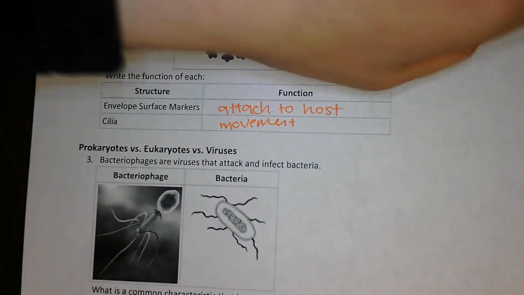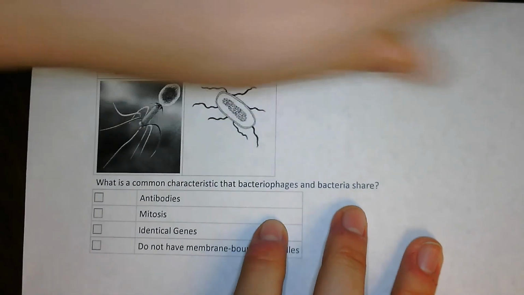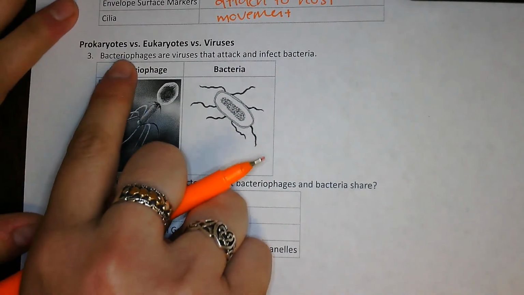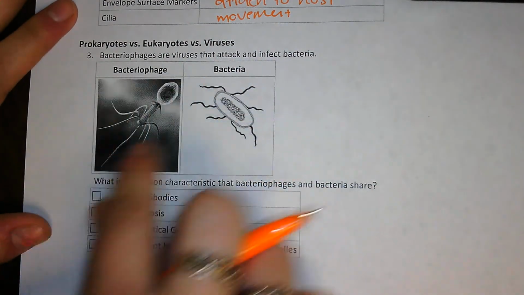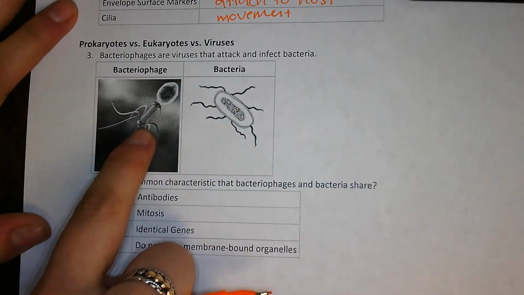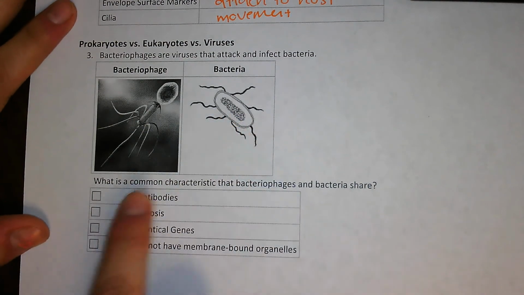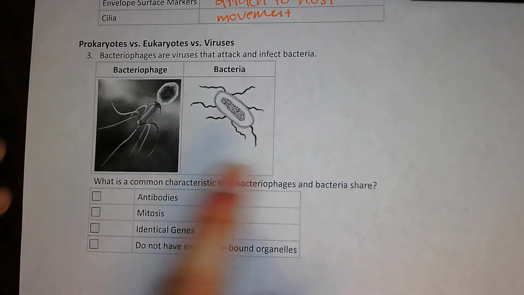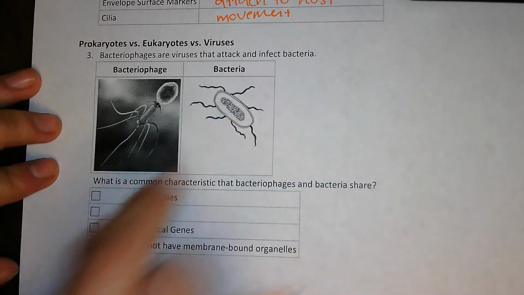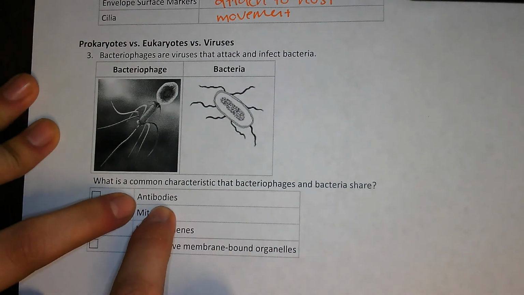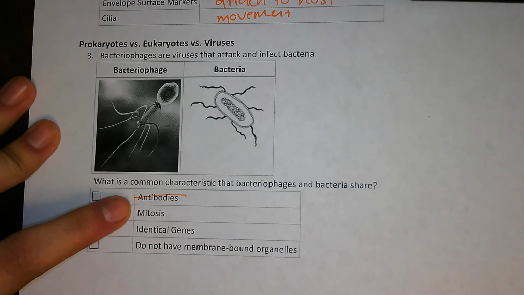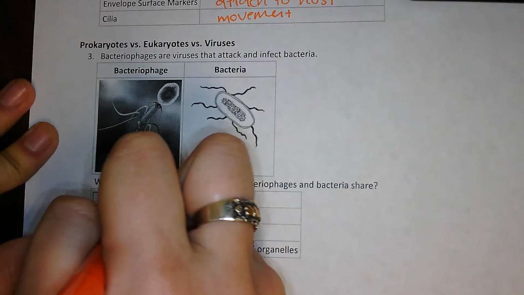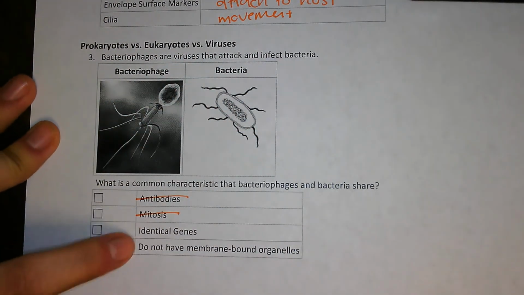Alright, moving on to prokaryotes versus eukaryotes versus viruses. Bacteriophages are viruses that attack and infect bacteria. So this is a virus, this is a bacteria. This one attacks this one. What are the common characteristics that both this virus and this bacteria share? Antibodies. We have not talked about antibodies, therefore it's probably not the answer. Mitosis. We have not talked about mitosis, therefore it's probably not the answer.